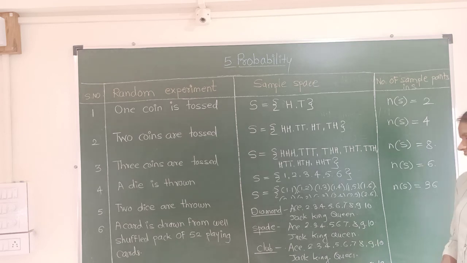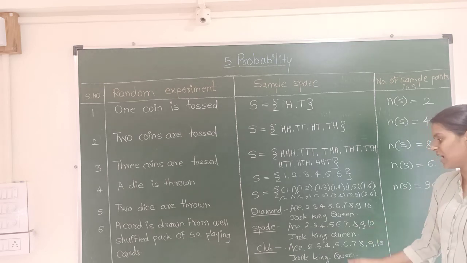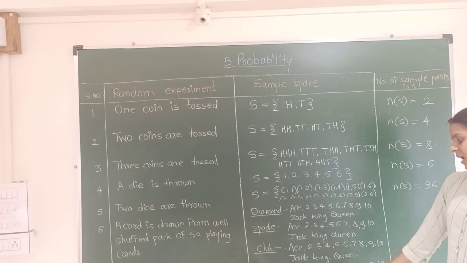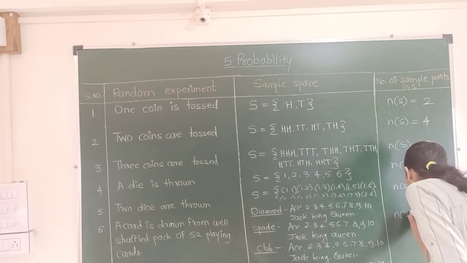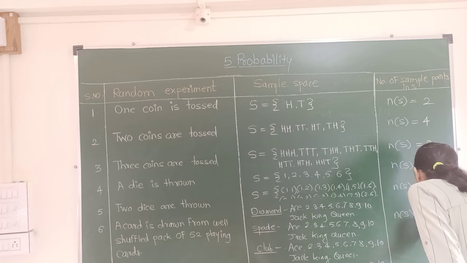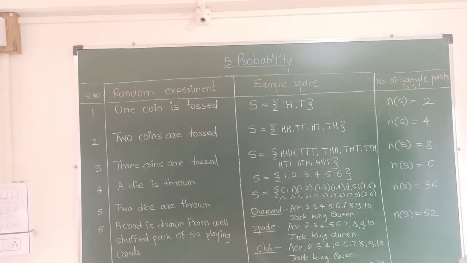If you count, you will get 52 cards: 13 fours are 52. So the number of sample points in the sample space S is 52.